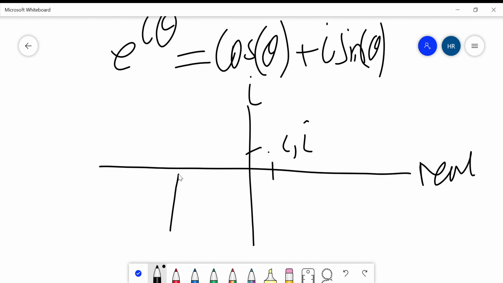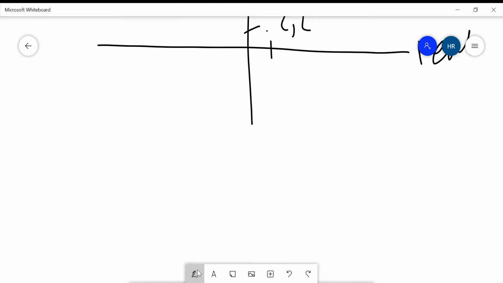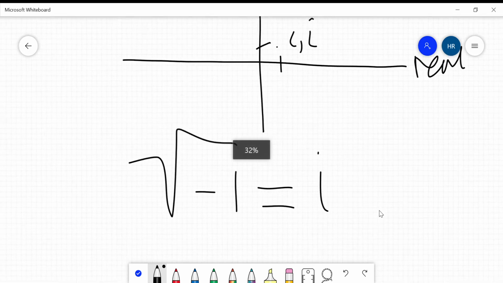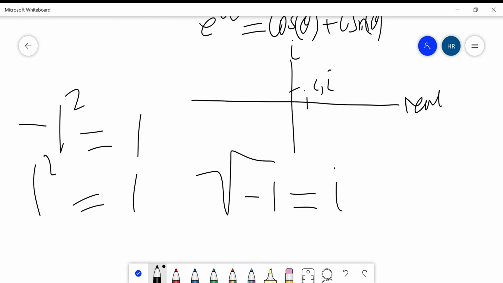So what does i actually mean? If you didn't know, i means the square root of -1 is equal to i, because a normal square root must always be positive, because -1 squared is equal to 1 and 1 squared is equal to 1.